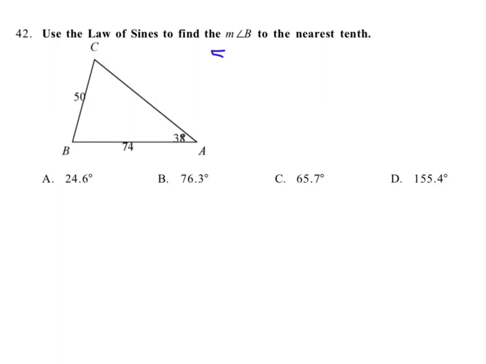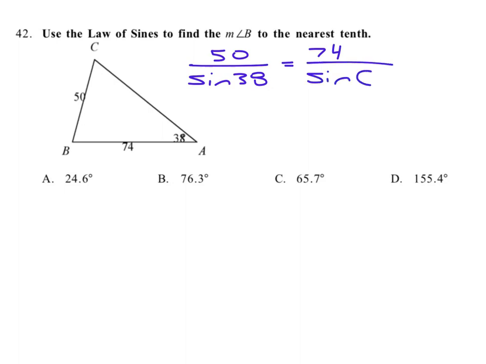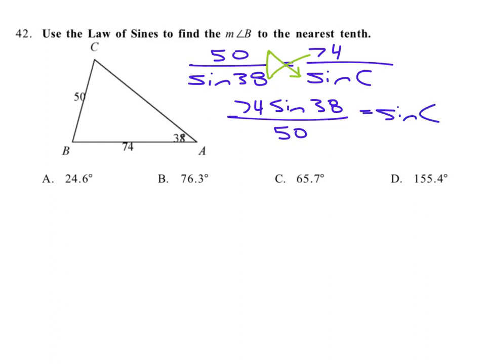Got it? So we say 50 over sine of 38 equals 74 over sine of angle C. Using the picnic table, we say this times this divided by this will get us sine of C. So we have 74 times sine of 38 divided by 50 equals sine of C. But it doesn't get us C. What we need is C. How can we get angle C?